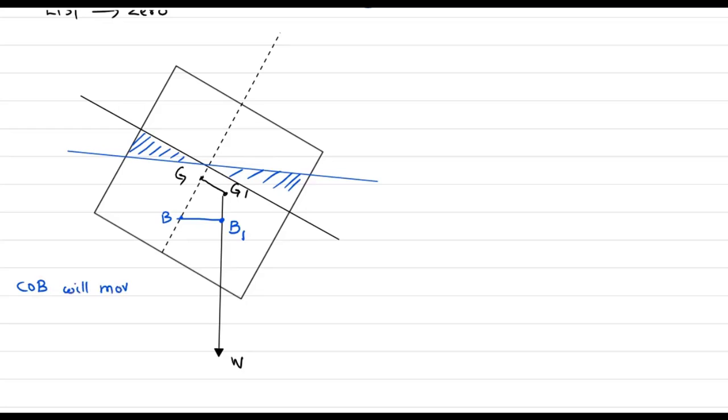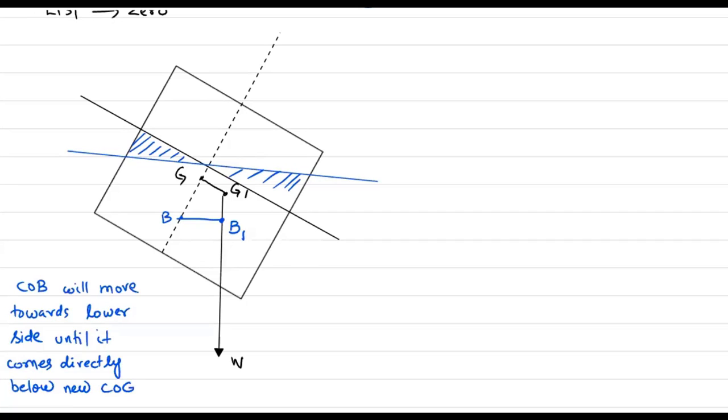The center of buoyancy will move towards the lower side, until it comes directly below G1, the new center of gravity. That is G1.